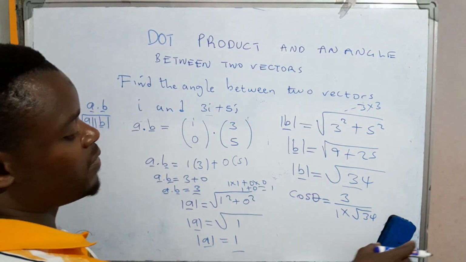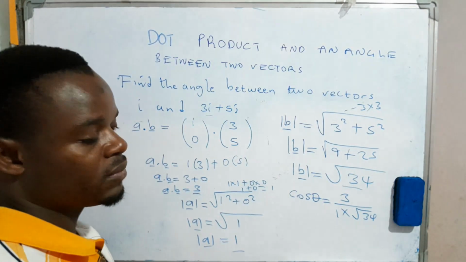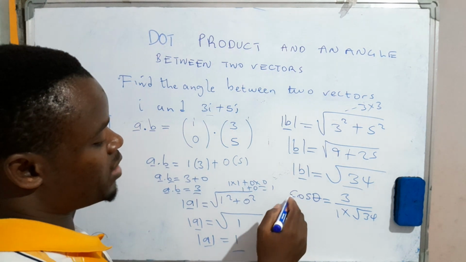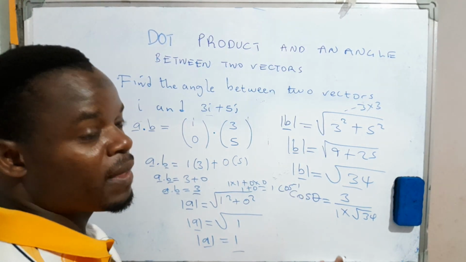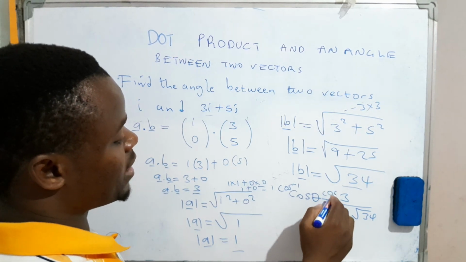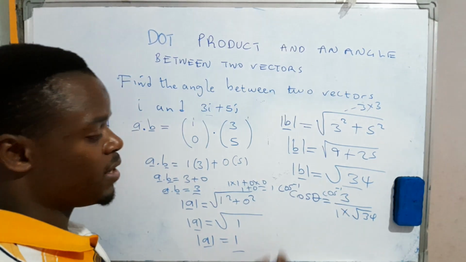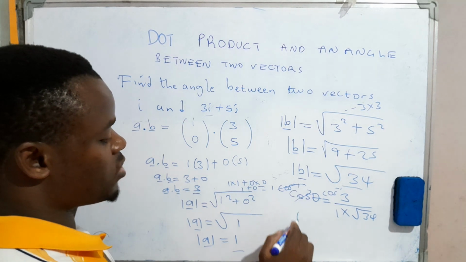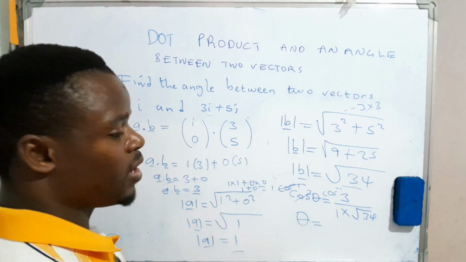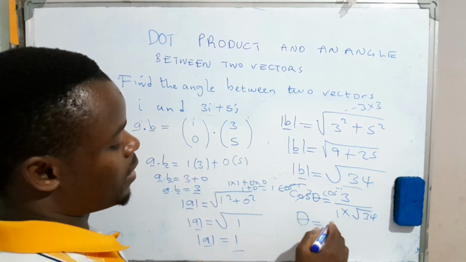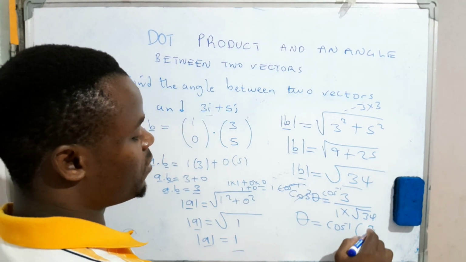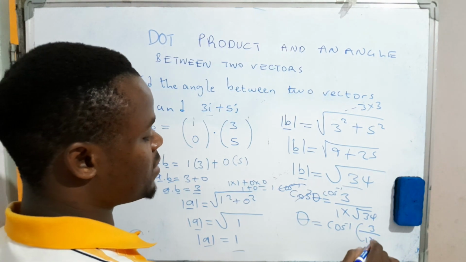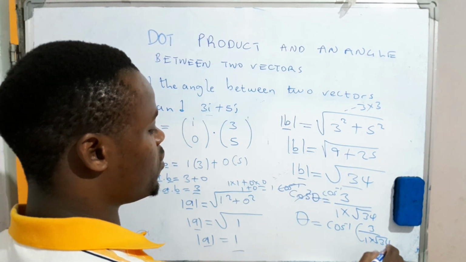Since we are looking for the angle, we need to get rid of this cos by bringing in the inverse on this side. So this one and that one will cancel. We're going to have theta equal to cos inverse of 3 over 1 times the square root of 34.